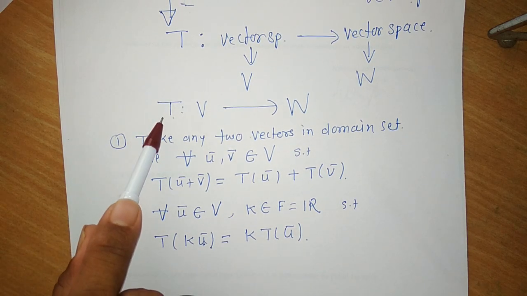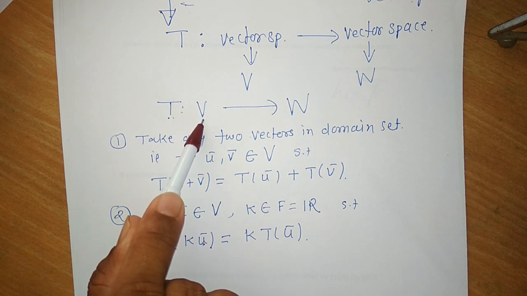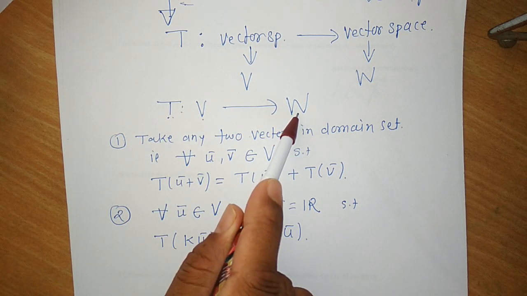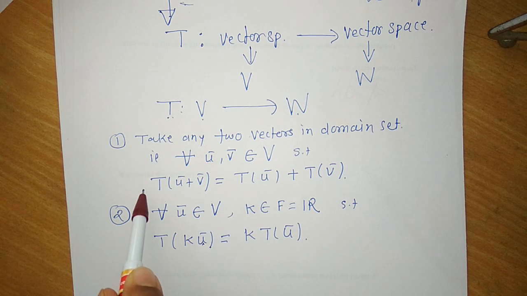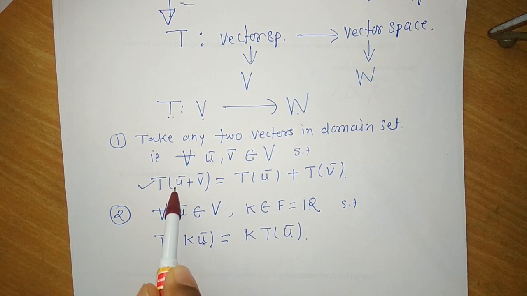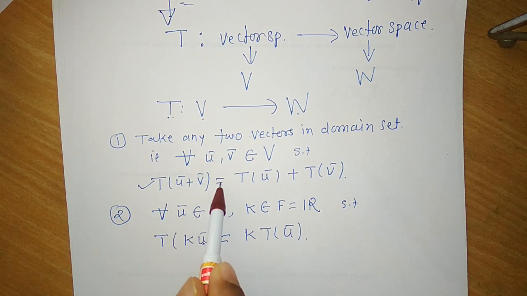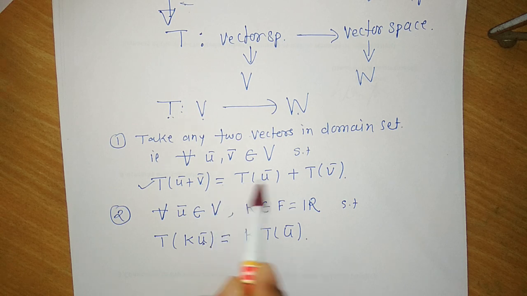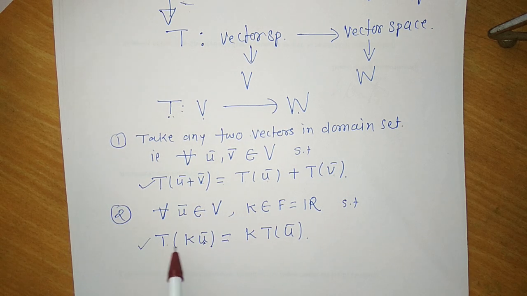So a function T from one vector space to another vector space W satisfies these two conditions: T of u bar plus v bar equals T of u bar plus T of v bar, and T of k times u bar equals k times T of u bar.